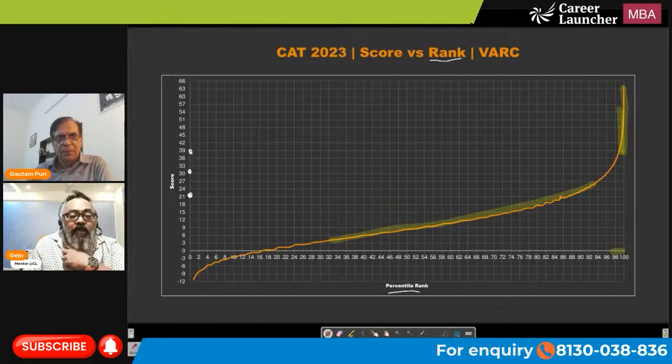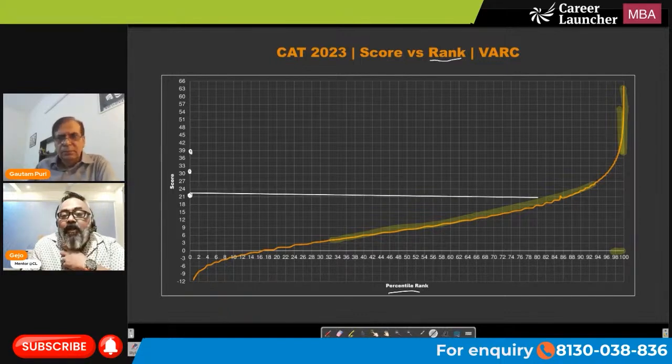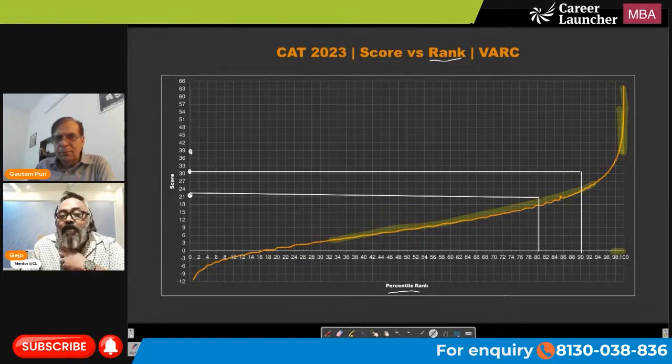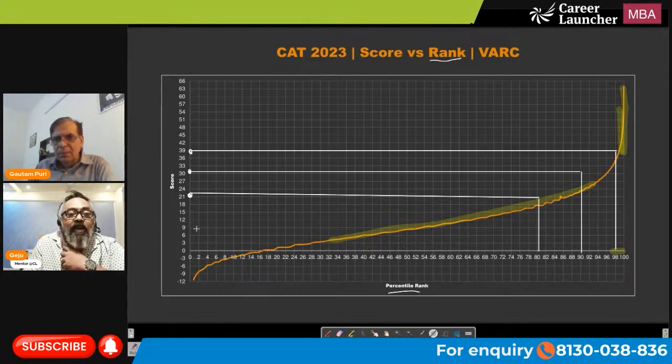If you look at the data and the percentile, being in your 20s is about the 80th percentile. In your 30s, you'll get to about the 90th percentile. In your 40s, you'll hit very close to the 99th percentile. And if you are in a single digit, you are probably somewhere around the 60th percentile.